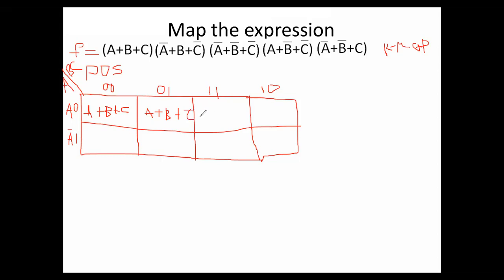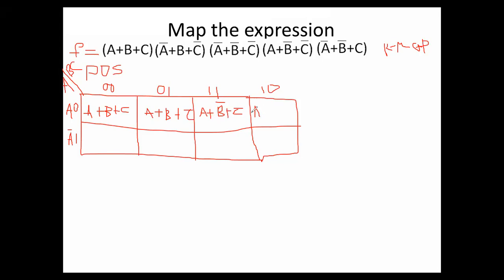Next, A is 0, so A. B is 1, C is 1, that's why A plus B bar plus C bar. Do you understand how to write this expression in the corresponding cell?